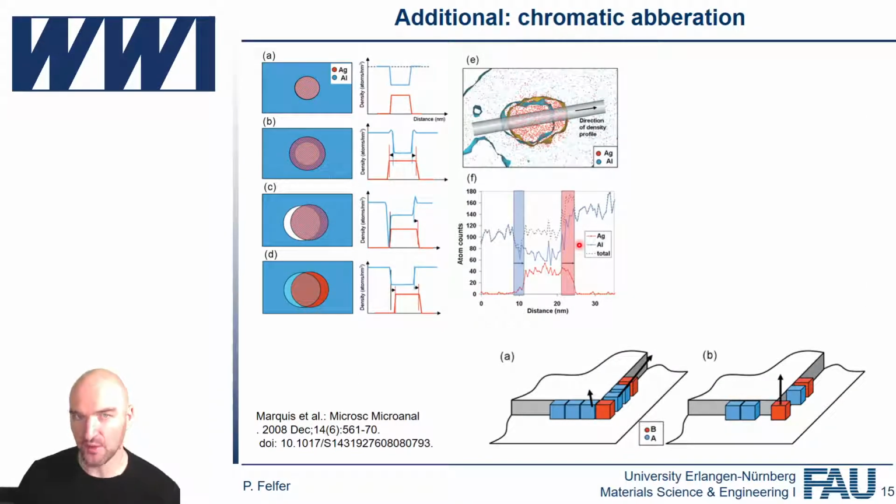Additionally to that, we can also get chromatic aberration. Chromatic aberration here is maybe also a bit of a misleading term because it's not actually some wavelength dependent thing.